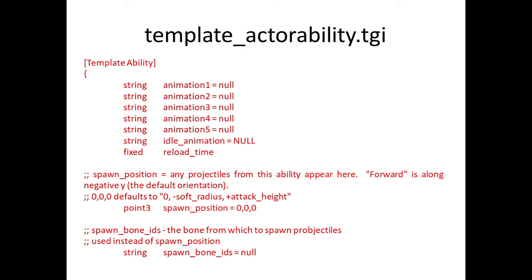Idle animation, that is the animation which plays after the ability has been used, for example, or during the ability wait, if the ability is waiting to be used again, essentially. That's stuff like the infantryman that's holding up the rifle in between shots.